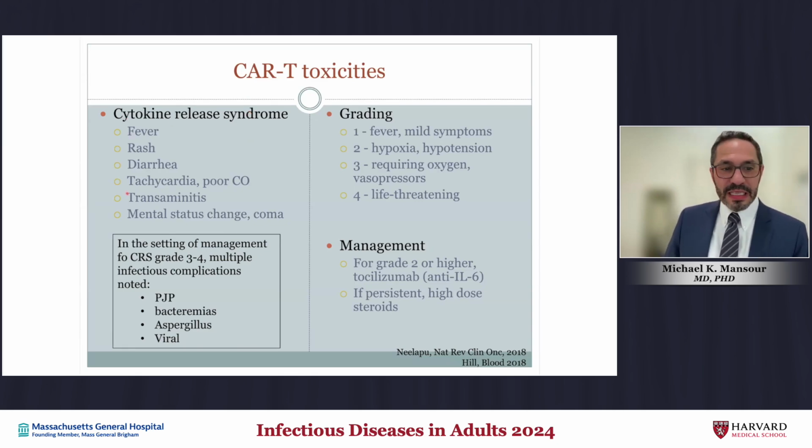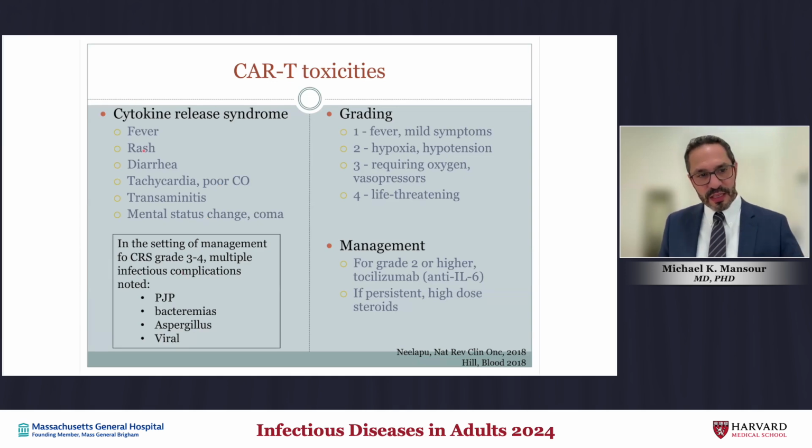So what clinically could you see when you have a lot of cytokines being produced by these CAR T cells? You can have fevers, rashes, patients can present with diarrhea. You can have syndromes that look very similar to sepsis or septic shock. You can have mental status changes. And so we've taken these clinical manifestations and we've graded them.